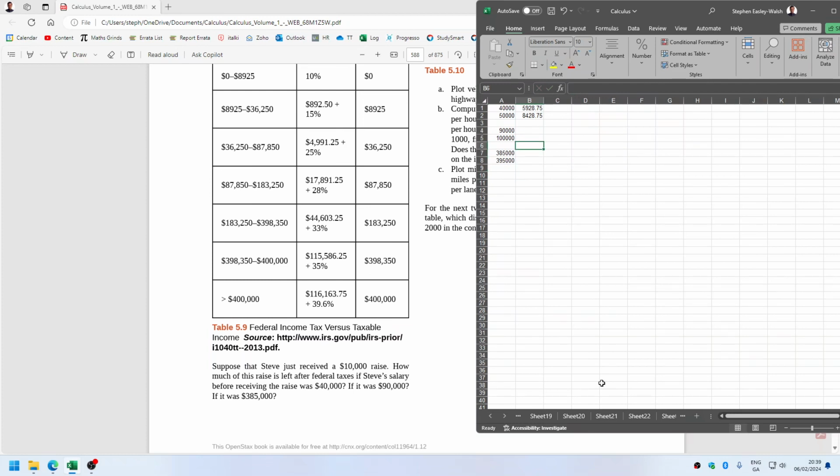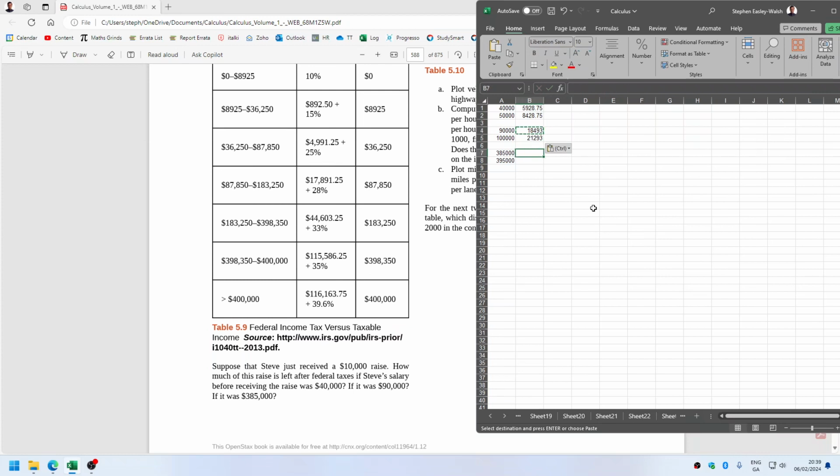So 90 is 17,891 plus 28% of that minus 87,850.